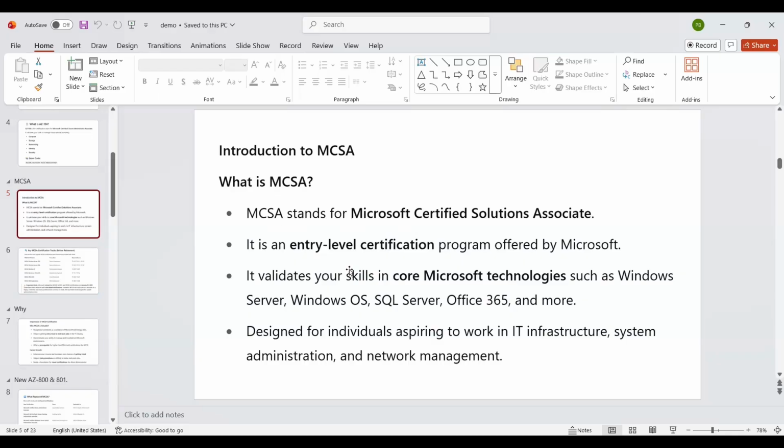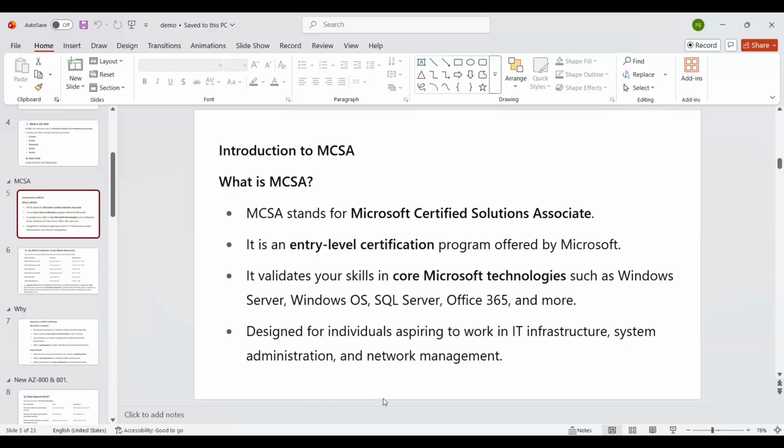For people who are looking for jobs inside IT, who want to make an IT career, this is the entry-level certification from them. It validates your skills on core technologies like Windows Server, Windows, SQL Server, Office 365. These subjects are involved in this.